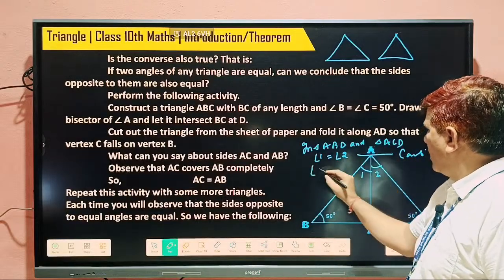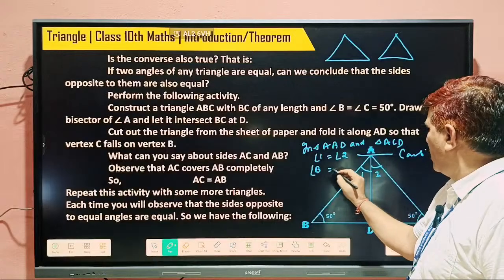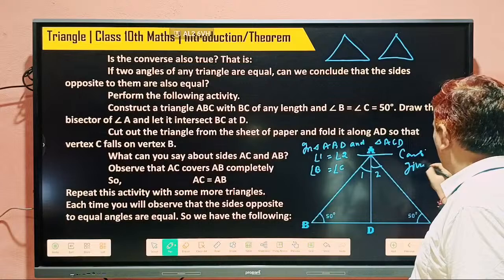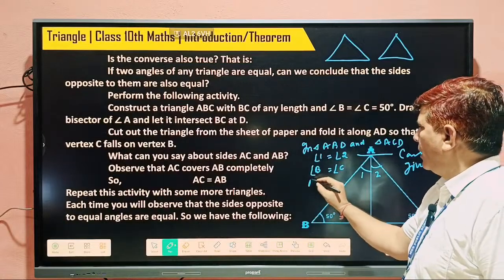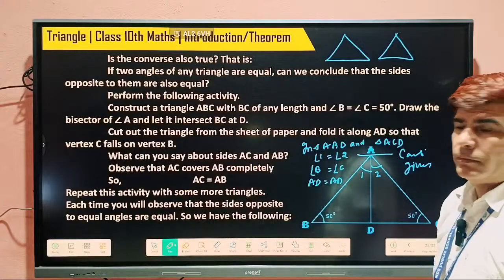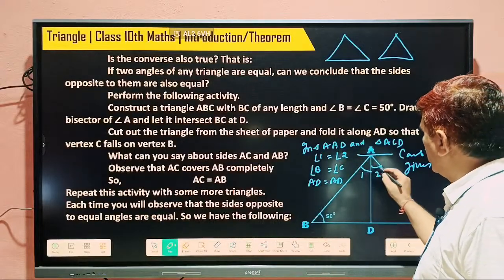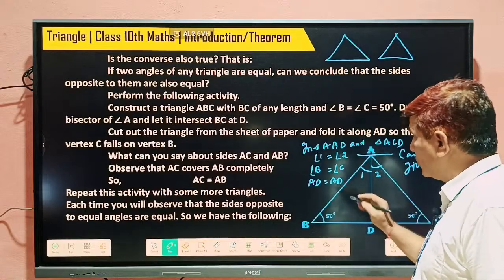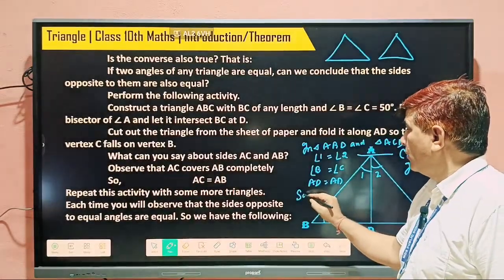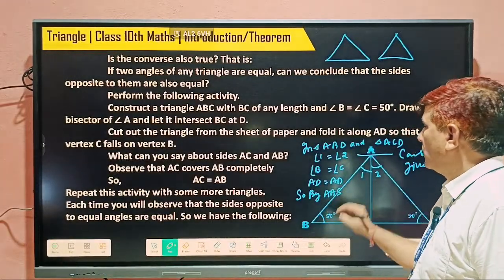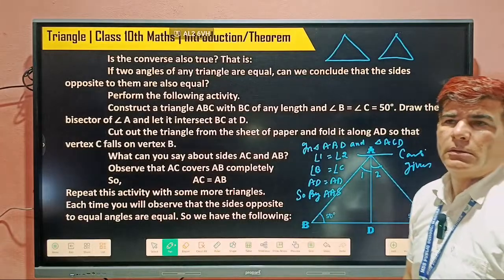Angle B equals angle C, given, and AD equals AD. This angle equals this angle, and AD equals AD. So directly, by AAS, the two triangles are congruent.